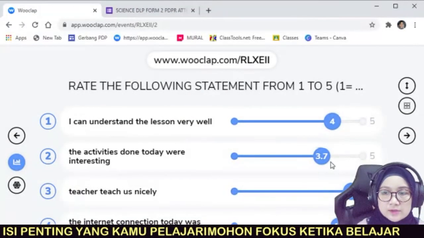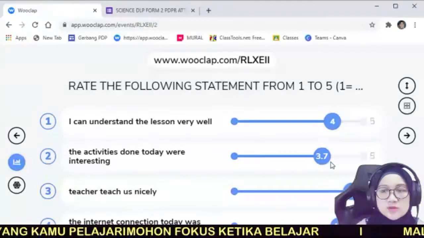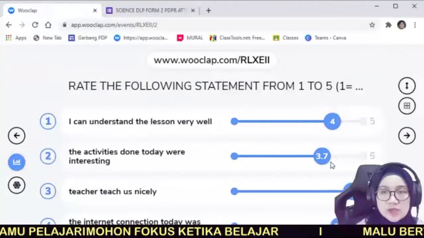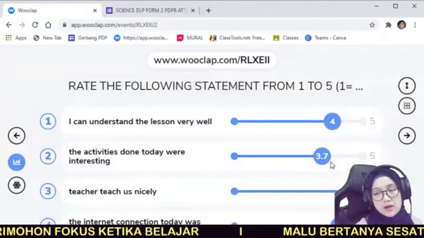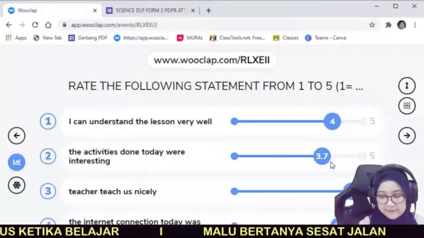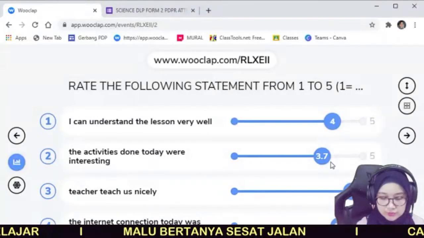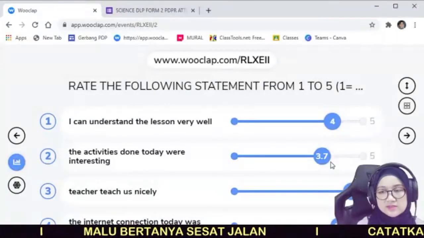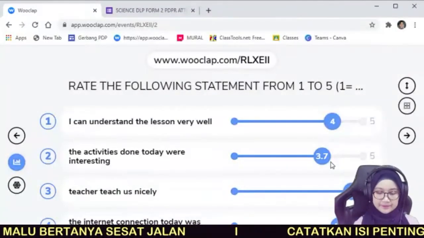If we're going to have the face-to-face class, there are so many activities that we can do together. But since we are still having the PDPR, there are so many constraints for us to do more lively. But never mind, I'll try my best to make sure that the ecosystem topic is much more interesting for us to discover.